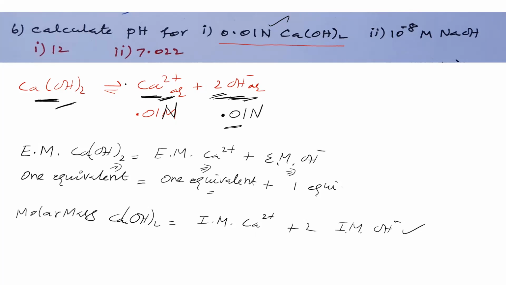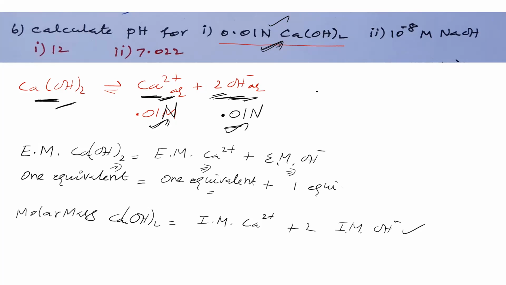Therefore this calcium hydroxide concentration is 0.01 normal. We are taking it as completely dissociating because the dissociation constant is not given, so it gives 0.01 normal calcium and 0.01 normal hydroxide.